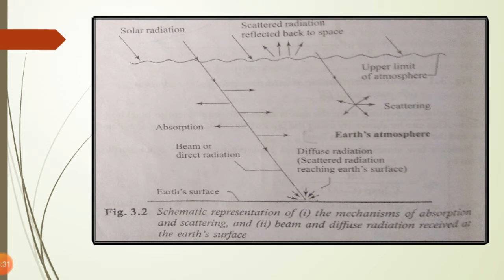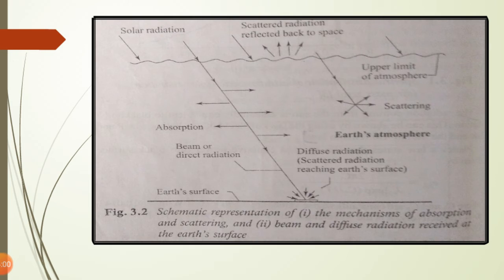After scattering, some radiation again goes to space. That means the scattered radiation is reflected back to space. Above the curved line there is reflected radiation going back to space. And after scattering, the radiation is scattered here and there in the atmosphere, and then it reaches the earth surface, which is shown in the figure at the bottom above the earth surface.